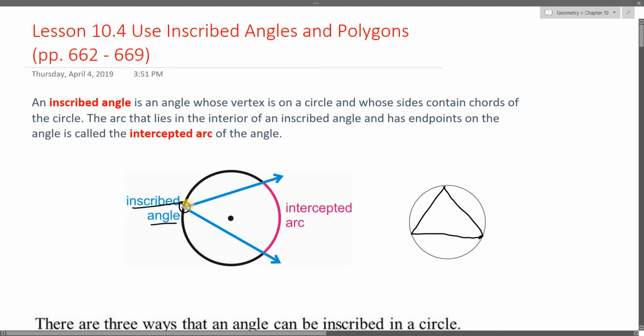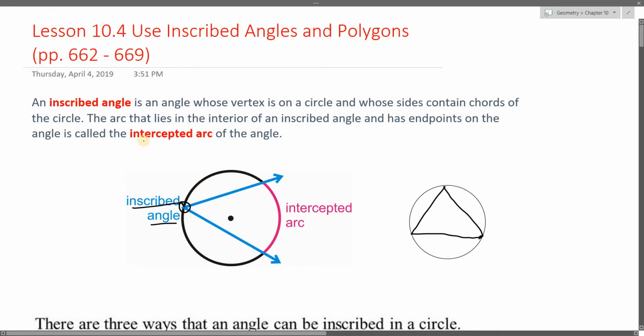Now it says an inscribed angle is an angle whose vertex is on the circle, and whose sides contain chords of the circle. So you'll notice that these particular pieces here, I'm not putting those marks to say they're equal, I'm putting those marks to highlight them for you. Those particular pieces are chords, and so you'll notice the chords that are drawn.